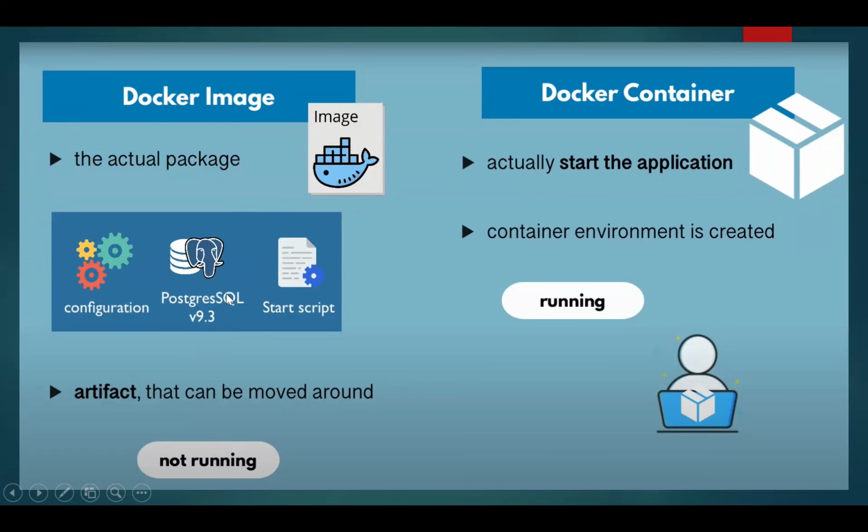If you want to run your application through this image, first you need to convert this image to a container. And the container is the one that runs in the environment which you have created. Any confusion, any understanding issue? No, that's fine. Okay.